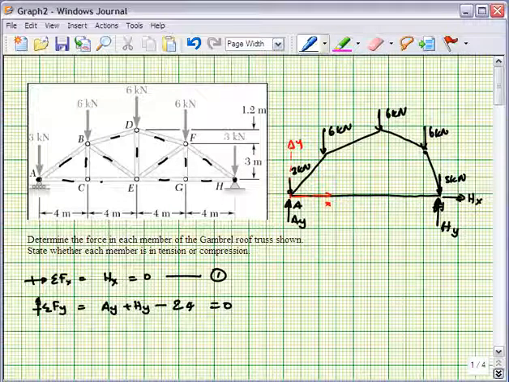That's 0. We might guess by looking at this free body diagram and looking at the symmetry that whatever happens at A happens at H, so HY and AY will be the same.